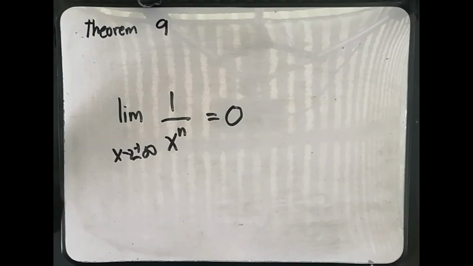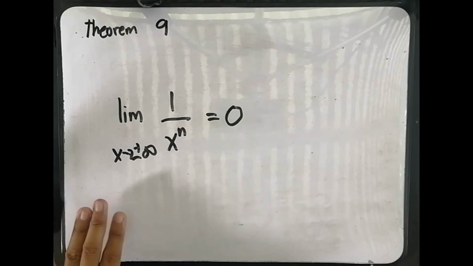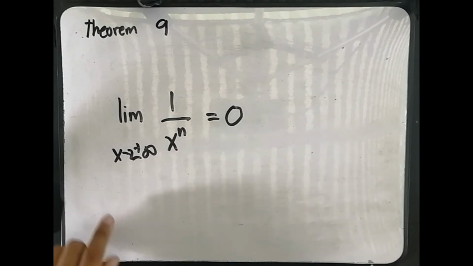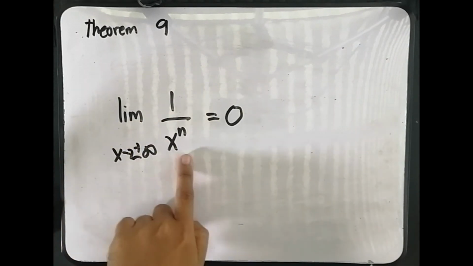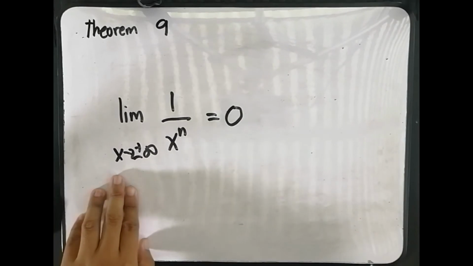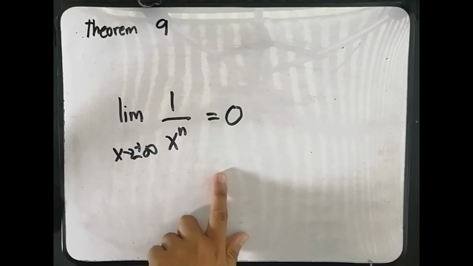So another important limit is the limit of 1 over x raised to n as x approaches positive or negative infinity. Useful siya kapag nag-evaluate na tayo ng limits ng mga indeterminate forms. Okay? So sinasabi dito na yung limit daw ng 1 over x raised to n, kahit anumang n yan, okay, as x approaches positive or negative infinity is just equal to 0.